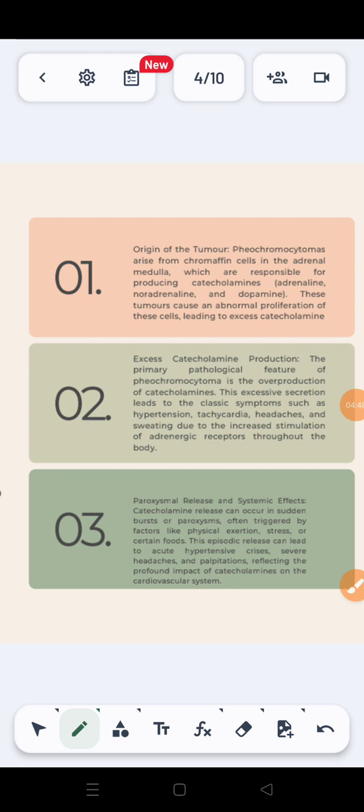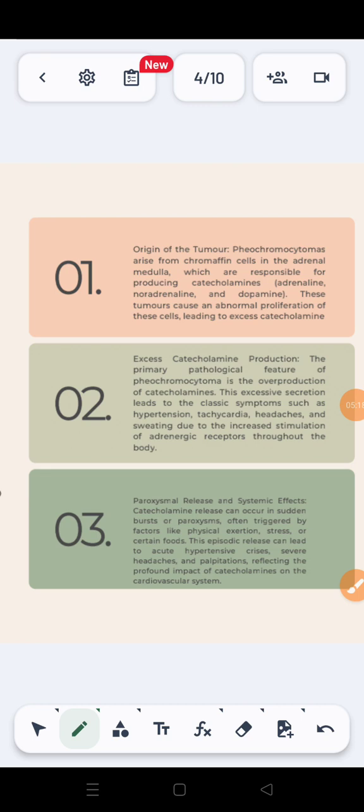Adrenergic receptors are used in fight or flight mode. So, when there's a tumor in the adrenal gland, which is called pheochromocytoma, these adrenergic receptors don't get suppressed; they get stimulated.